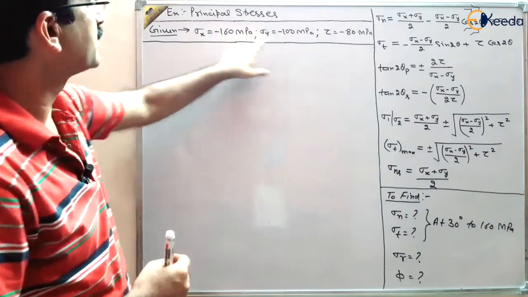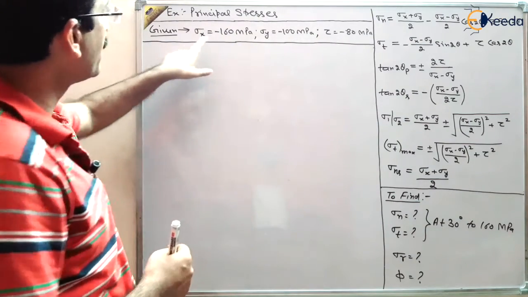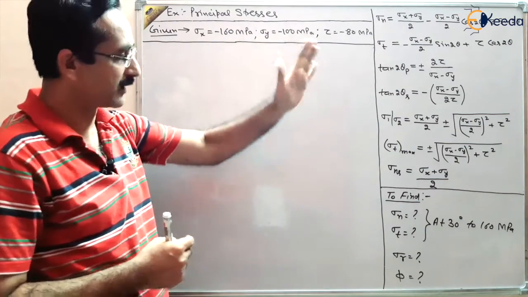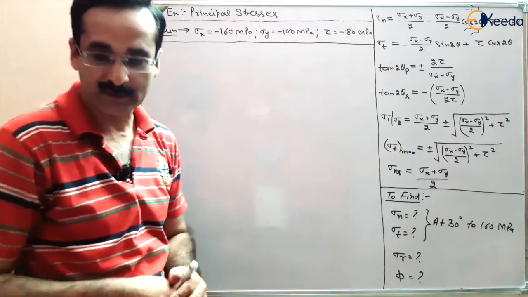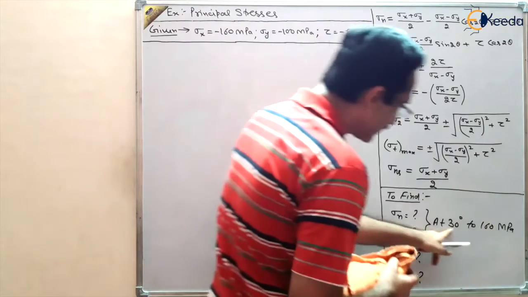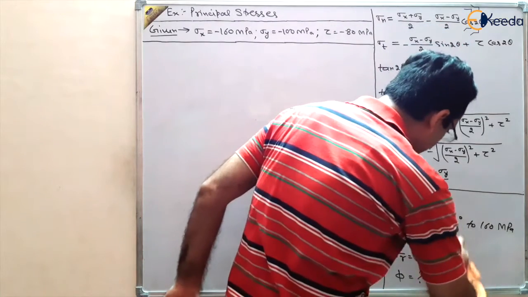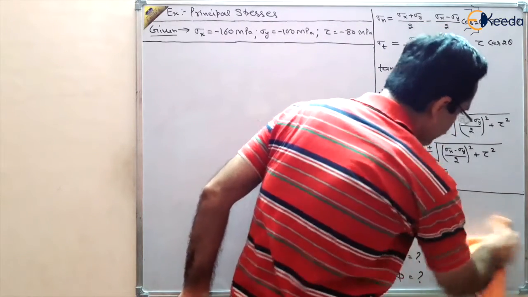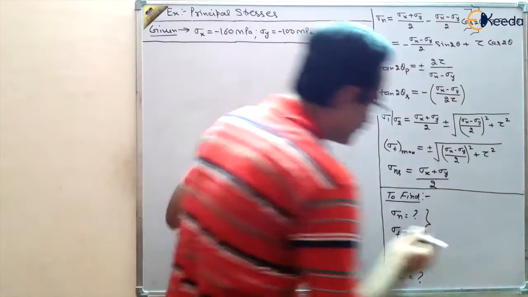So sigma x, sigma y and tau, how can we draw this graphically in our stress element? Let us draw it. At 30 degrees to the 160 megapascal we have to find out. So you can draw this with a diagram.